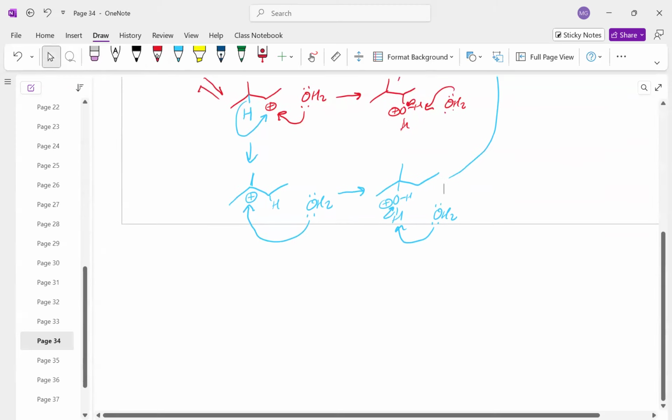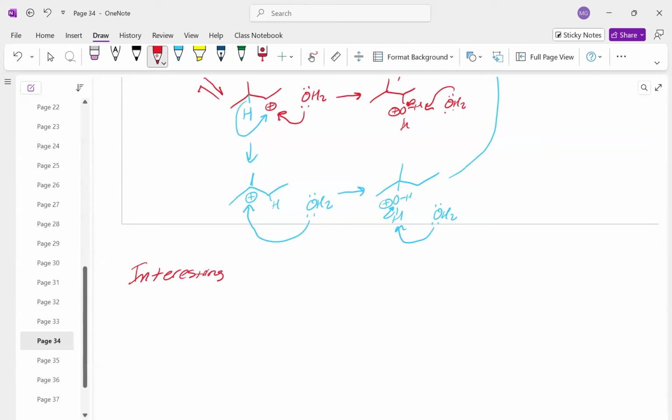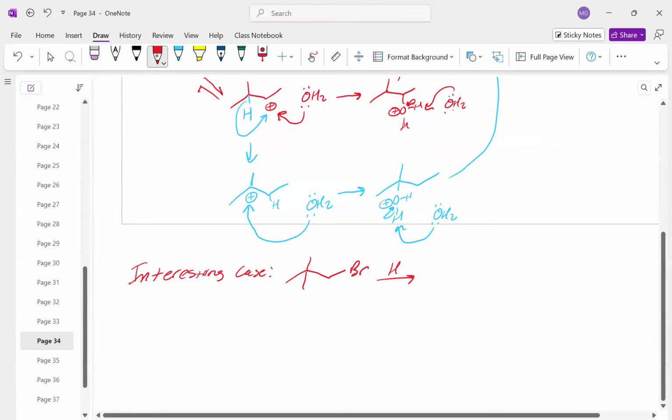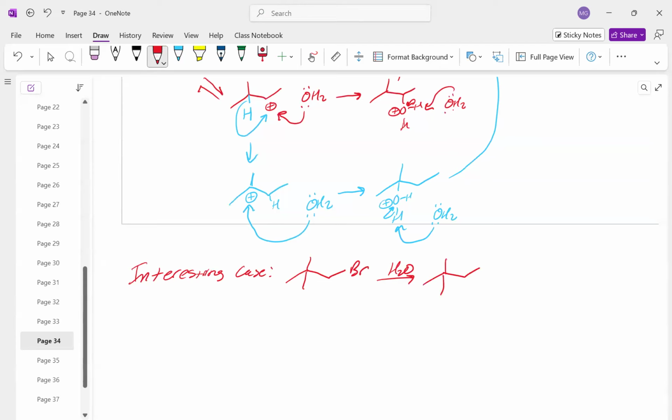Now, I want to show a really interesting, cool case here. If we do this reaction in the lab, we might predict the products to be this, where we get a substitution product on the carbon that had the leaving group and then a rearranged product.